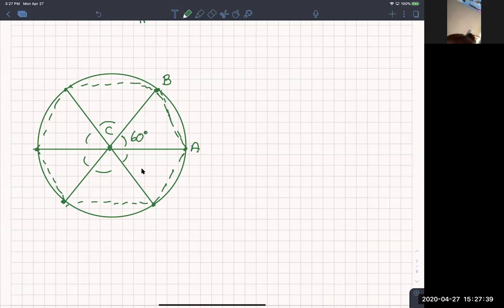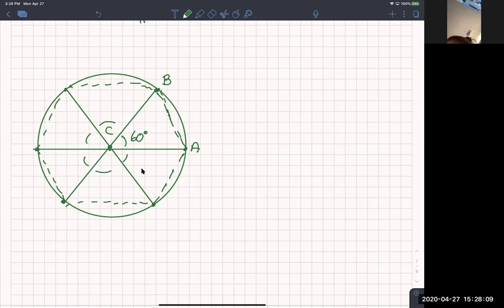What's the length of segment AB? Okay, well, are there no numbers besides this? Nope. What does the instruction say? Oh, yeah, there are. Angle C is 60 degrees. What else?